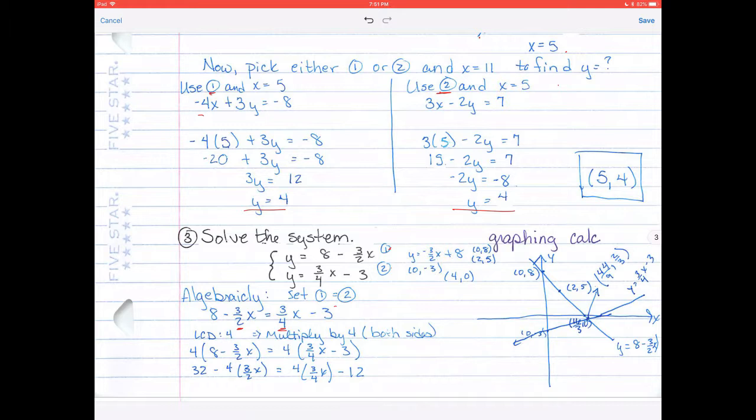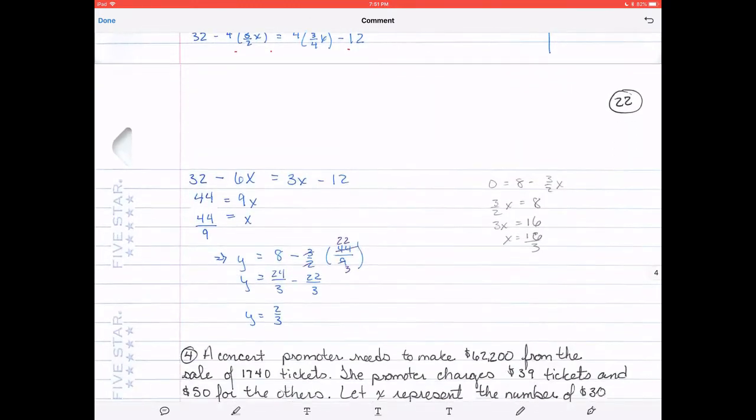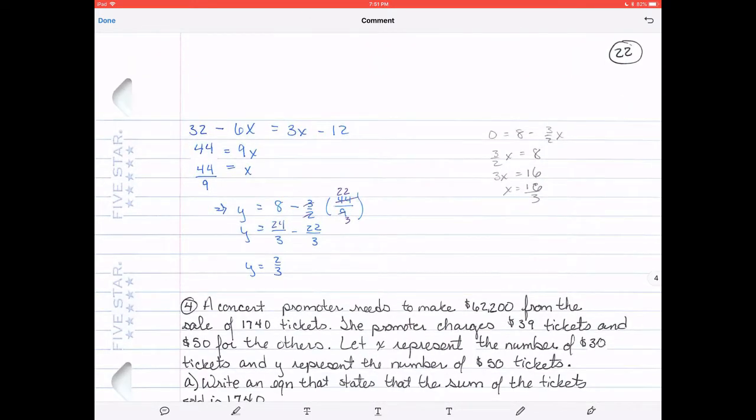So if I multiply both sides by 4, then that will get rid of these fractions. Okay? Now notice what I'm doing is I'm going to distribute this 4 to every term. Okay? I'm going to scroll down. And when I did that, that multiplies it out and multiplies it through.